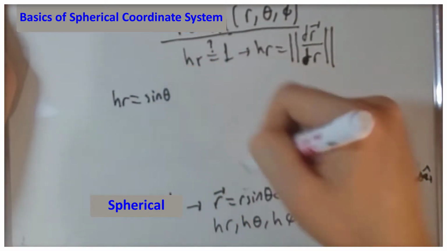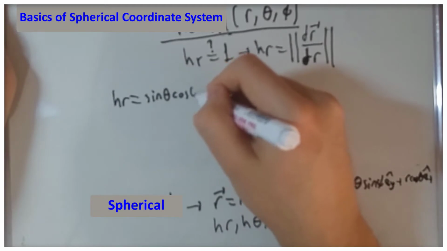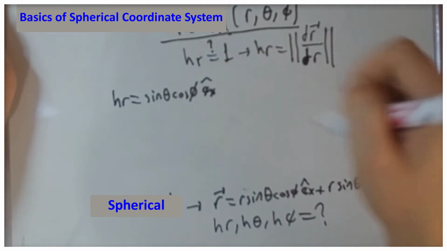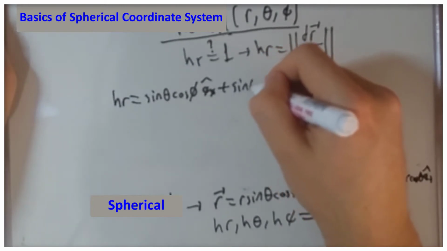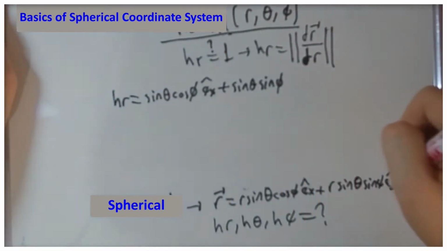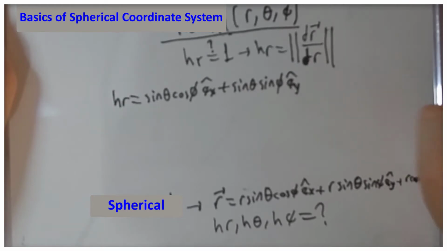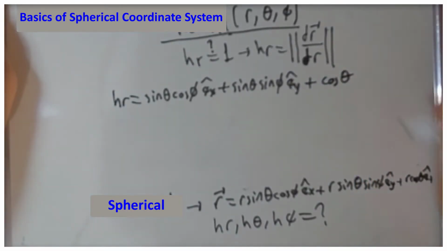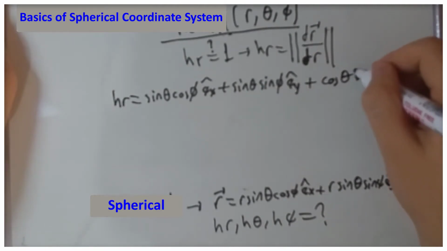Hr equals sin theta cos phi ex, and sin theta sin phi ey. Look, here there is r, so I take its derivative, plus cos theta, so r goes and ez remains.